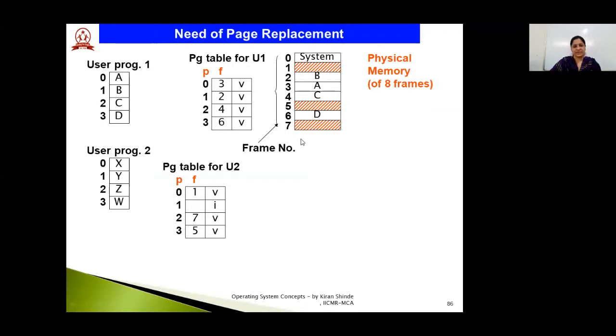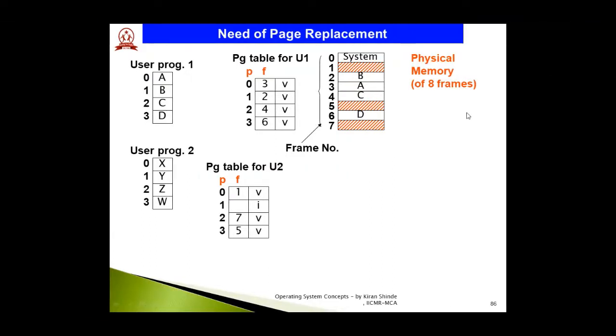The system memory is assumed to be made up of 8 frames, and you can see the 8 frames shown in this system memory. Out of these 8 frames, the alphabets A, B, C, D signify the frames required for user program 1.